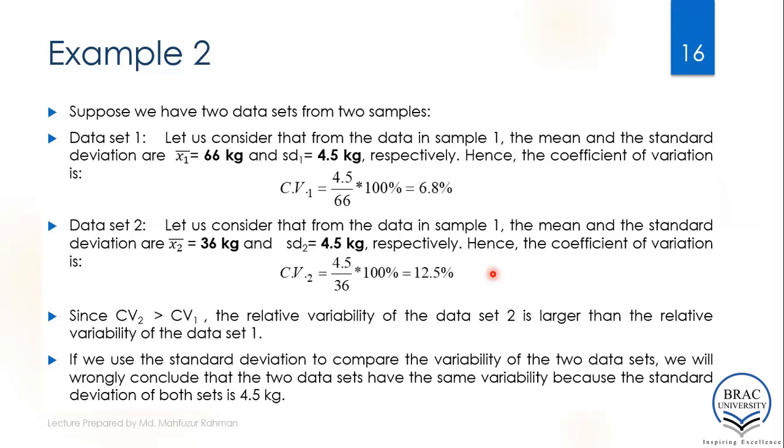So that's why using CV is very important in particular situations. But let's overview where and when we should use which measure of dispersion. In most cases, we should use standard deviation or CV to compare several data sets for variation.